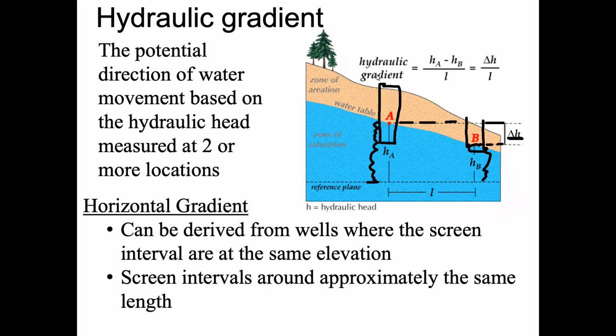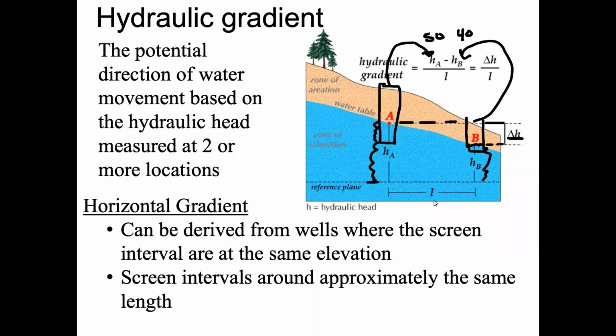So when we're thinking about a hydraulic gradient, we take a look at the water level in A. We'll put H of A here, and moving from left to right across the screen, just like you read, we put B here. Maybe this one was 50, and maybe this one was 40.